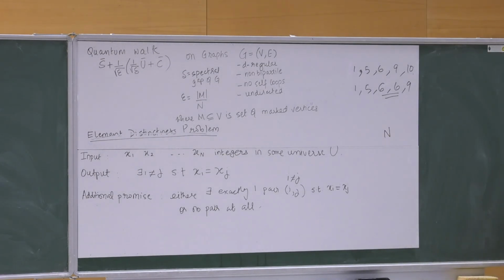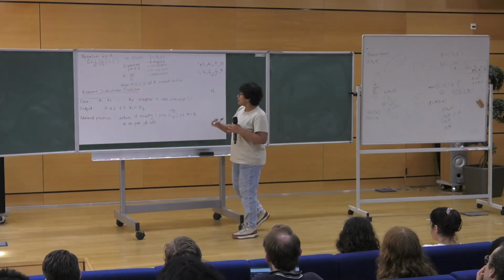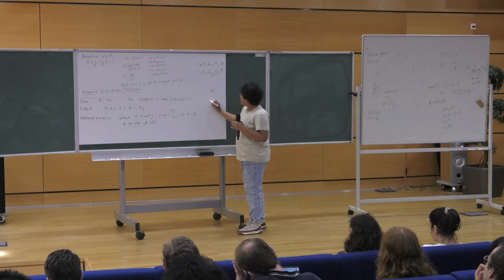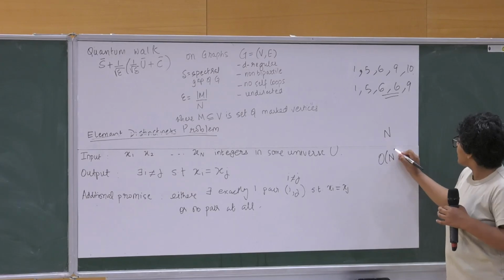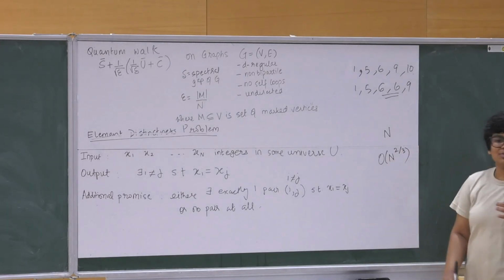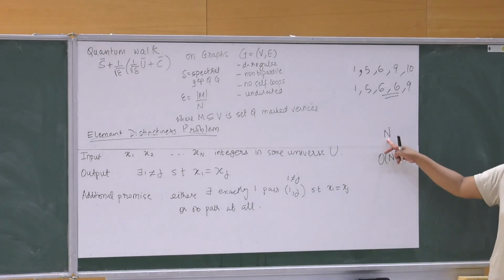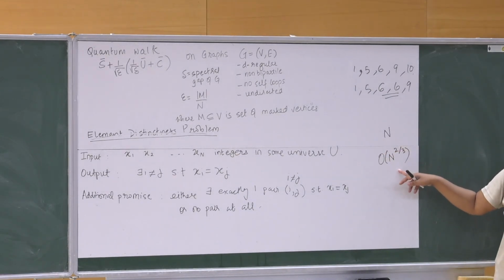But I want to do something smarter because I have quantum power, why not use it? Now I'm going to exhibit a quantum protocol which can solve this in n to the power 2/3 queries. Not even linear in n, not a constant saving. It's actually a polynomial saving of n to the power 2/3 queries.